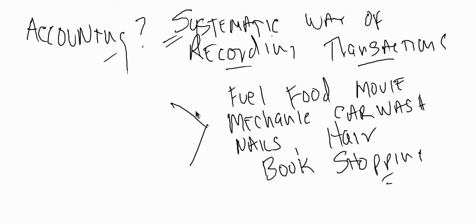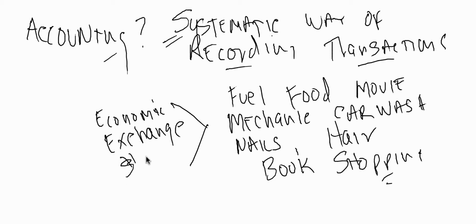All transactions. The deal here is I'm going to add a little bit of something to these transactions: they have to be of an economic nature. In other words, there has to be some sort of an exchange. I'm going to put a dollar sign up here, but in our modern economic society, it's going to be some sort of currency. It could be anything as long as it's an exchange.